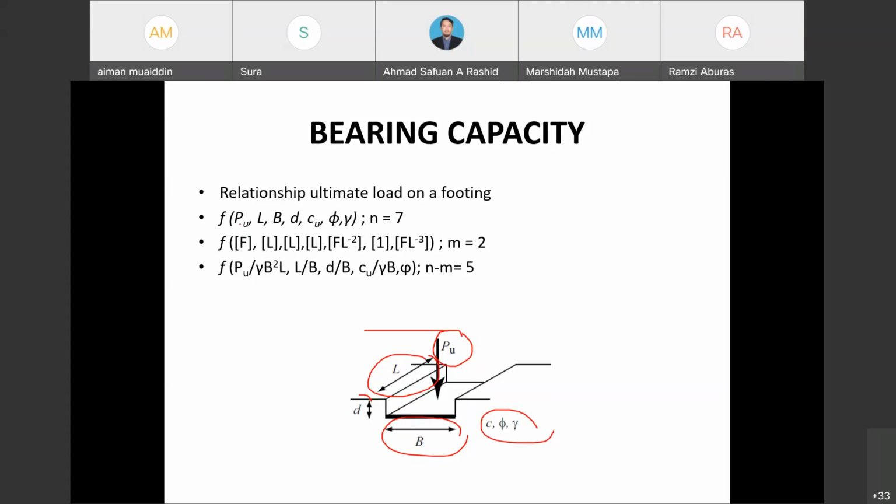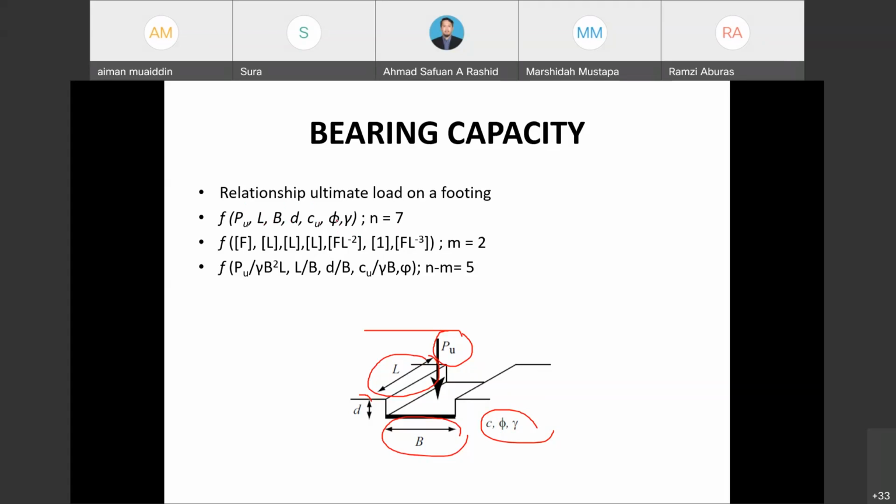Okay, so then for each parameter, we may use the primary dimension F. F refers to Pu because this is a capital P, so normally it refers to load. If it is a small letter, it refers to stress. Then L, B, D, and Cu is the undrained shear strength.